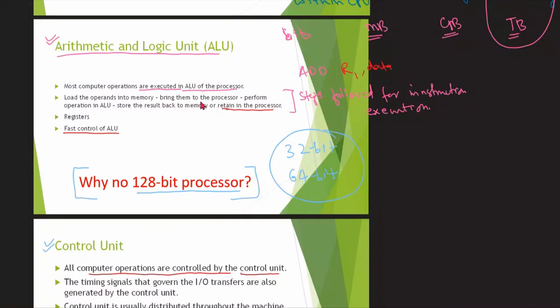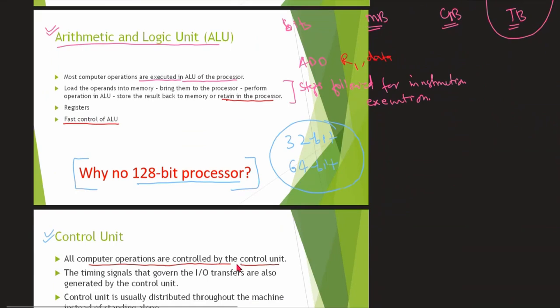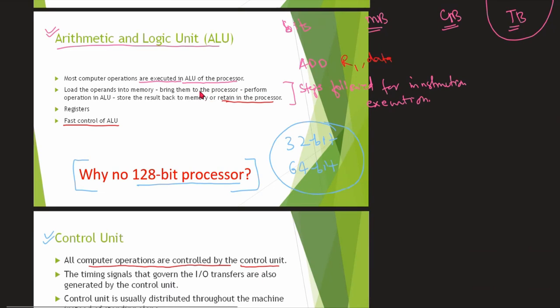Then we bring the data to the processor. If we want to bring the data from memory to the processor, then these components, memory and all, are connected with the data bus, address bus, and control bus. So the control unit will generate a signal to read the data from the memory by the processor, because bringing it to the processor means the processor will be reading the data from the memory.